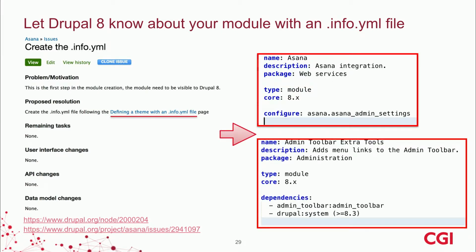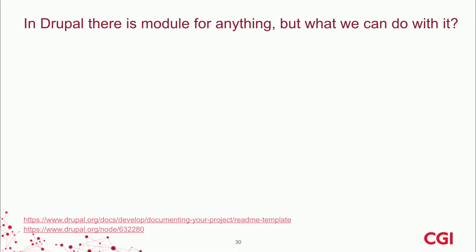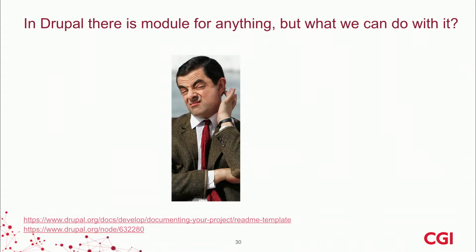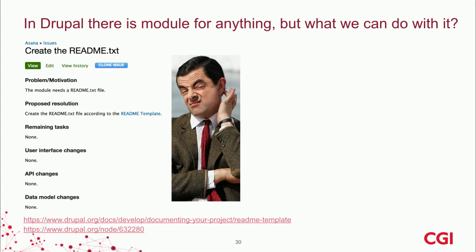We have here two examples of info files for two different Drupal projects. Usually the Drupal users say there is a module for everything in Drupal, but it's a problem to find the module and learn how the module works.